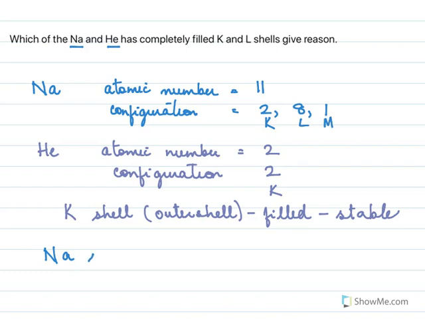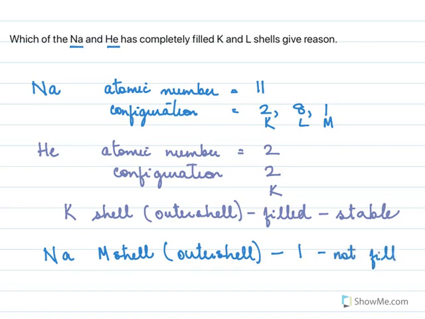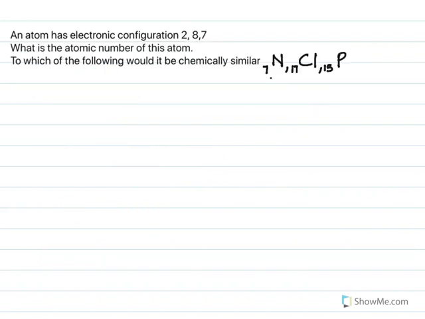The outer shell is the M shell, and it is not completely filled. Check and see how many electrons M has got. M has got just 1 electron, so not filled. So sodium is reactive, it is not stable. Helium will be non-reactive because it is stable.